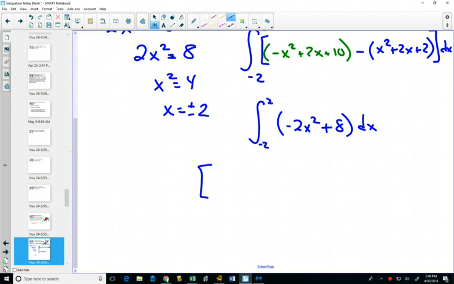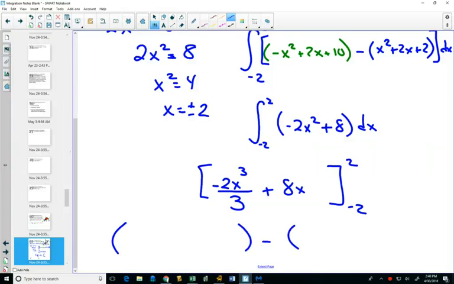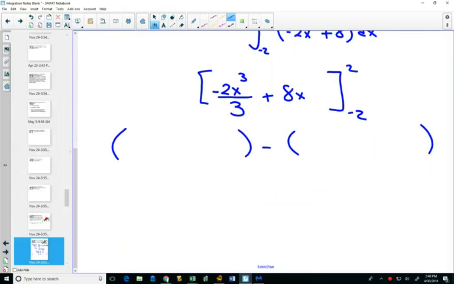But now that we've simplified it, the integral becomes add 1 to the exponent and divide. Plug in 2. Plug in negative 2.